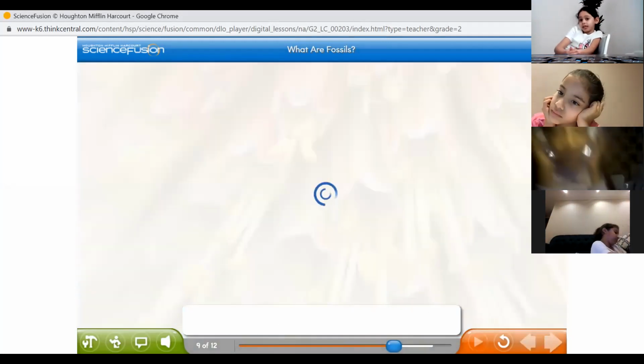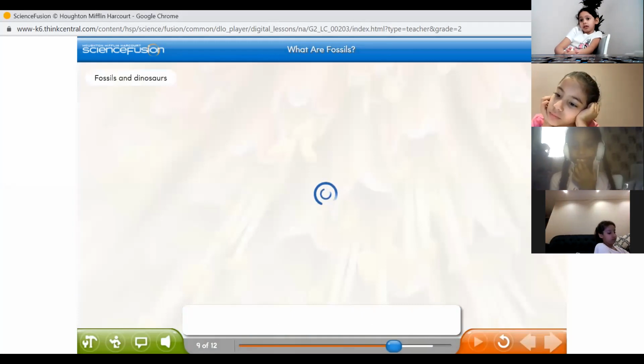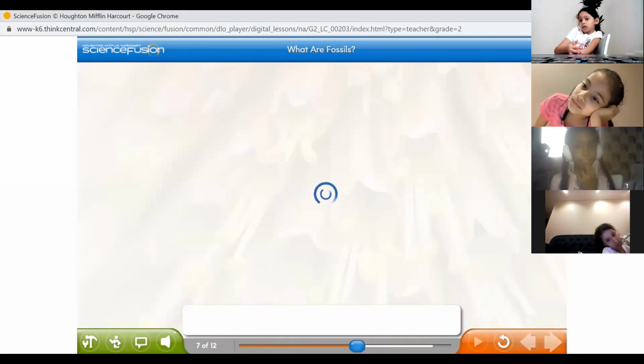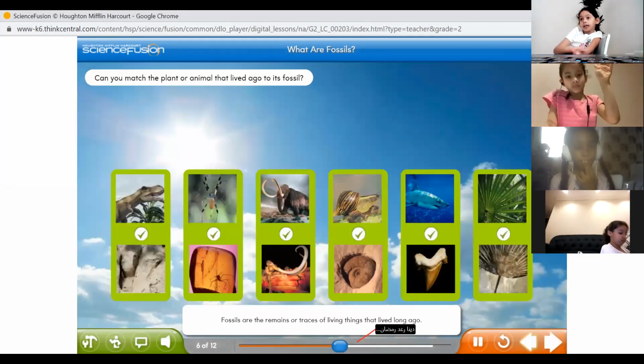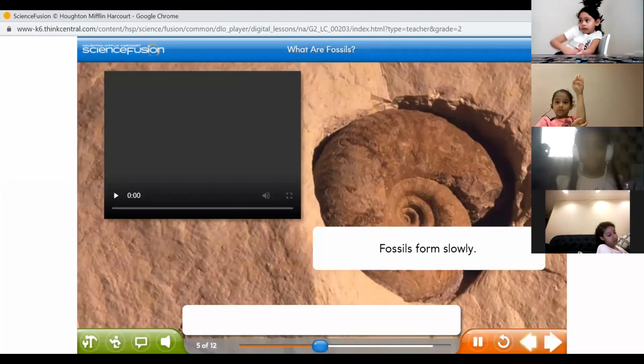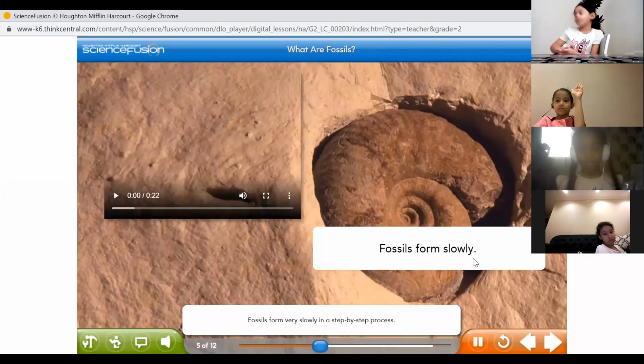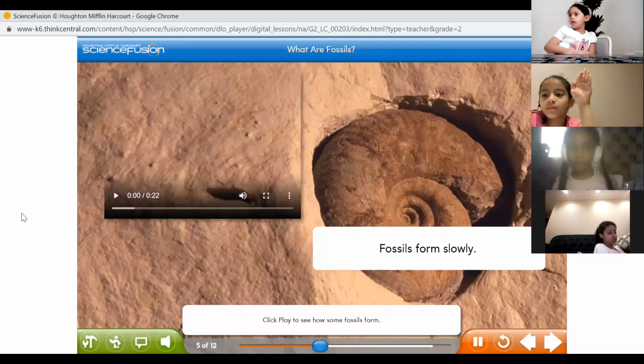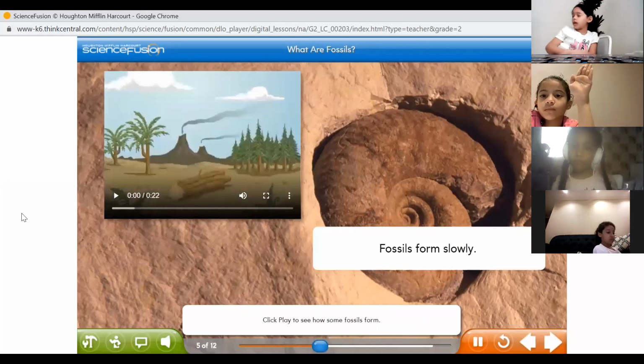You've learned about What do you know about studying fossils are the remain Fossils form very slowly in a step-by-step process. Click play to see how some fossils form.